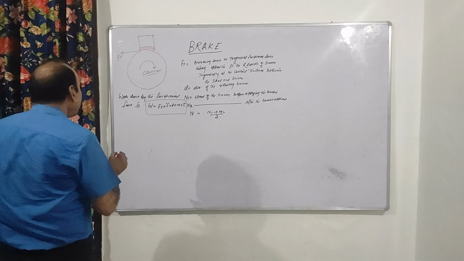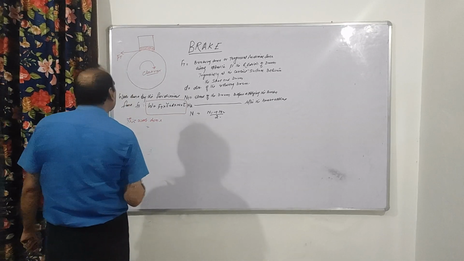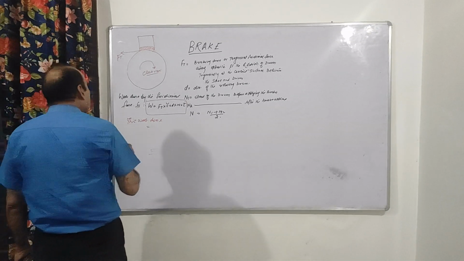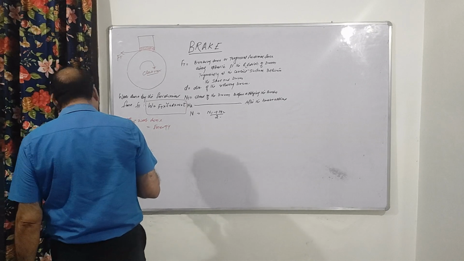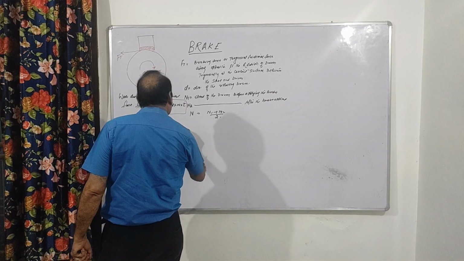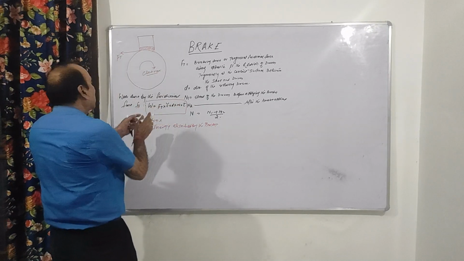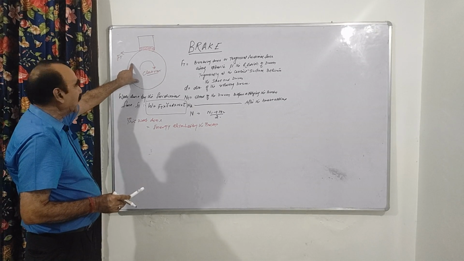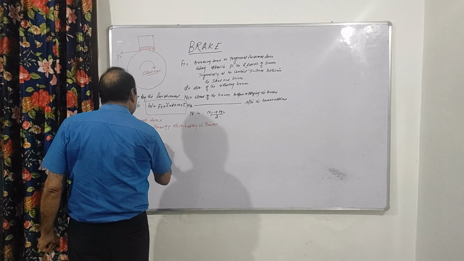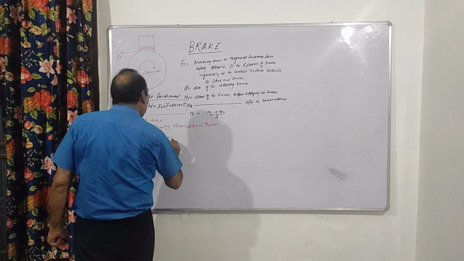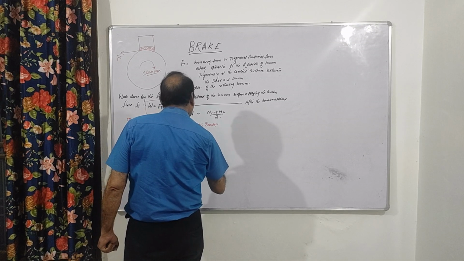So this work done by the frictional force, you can say energy absorbed by the brake. ये समझ आया आपको? भाई जितना ये वर्क डन करेगा इसको रोकने के लिए, इसको स्टॉप करने के लिए रोटेटिंग ड्रम को, इसने वर्क डन किया ये, तो नेचुरली ये एनर्जी जो है, यू कैन से एनर्जी इज इक्वल टू Ft × π × D × N × T. This is joule per second or watt.